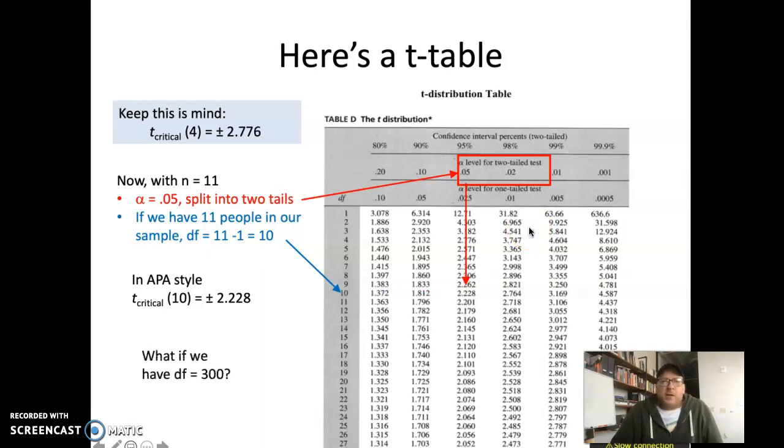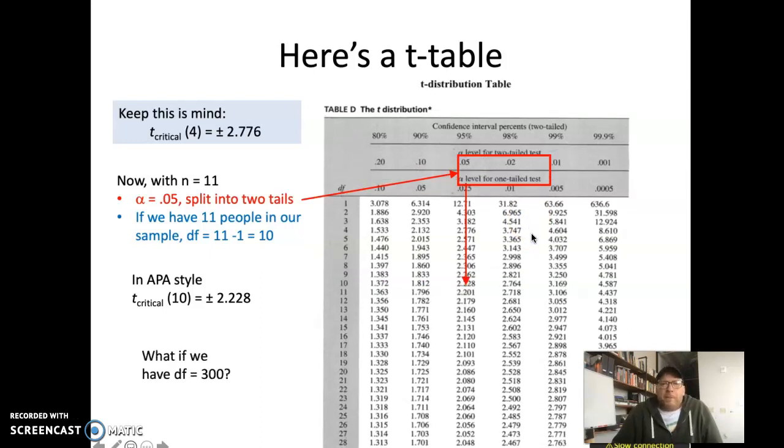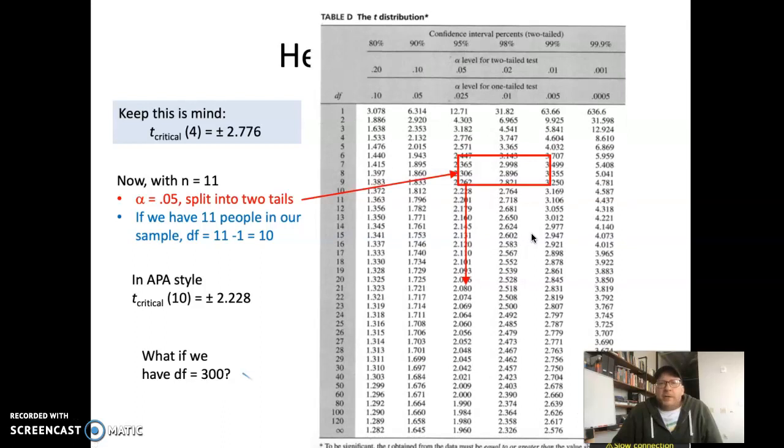So real quick, what if we had degrees of freedom of 300? Look all the way down here. Our table only goes up to 120, but if you come down here to anything above 120, notice that this is 1.96. Does the number 1.96 sound familiar?